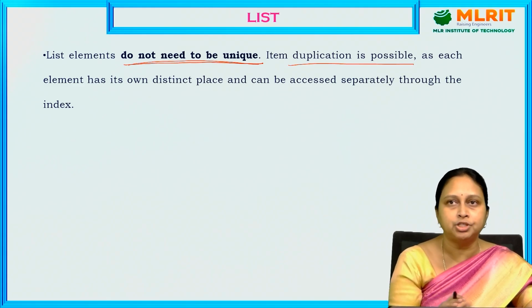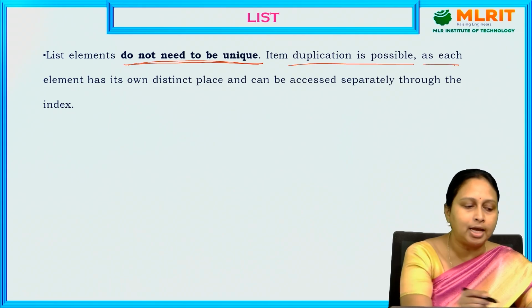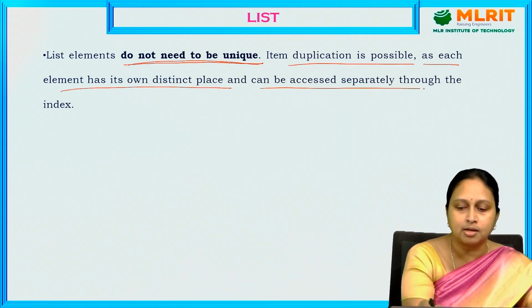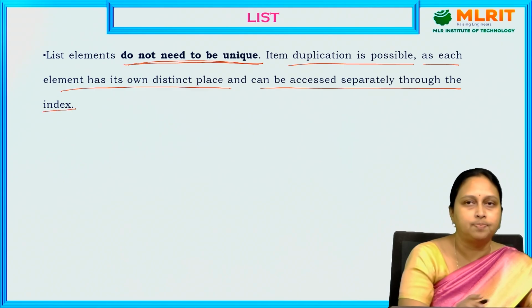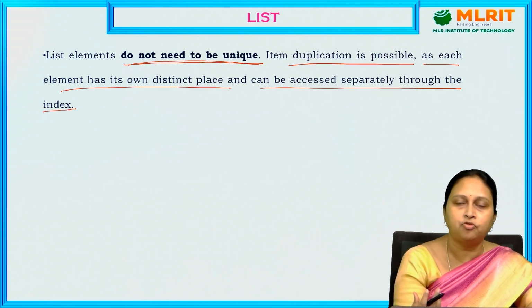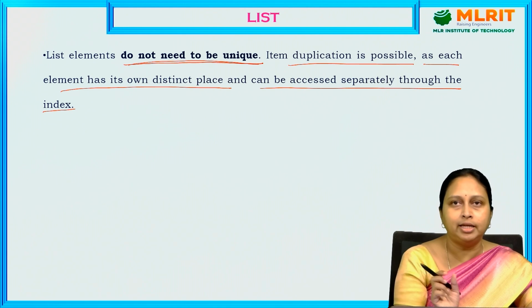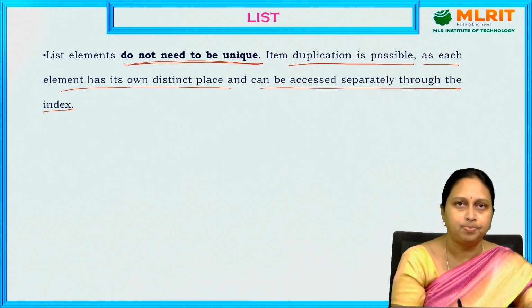Duplication is possible, as each element has its own distinct place and can be accessed separately through the index. Even if the same element is repeated a number of times, the index will be different for each item, so we can access that particular item based on its index. That's why you can have duplication of items in the list.